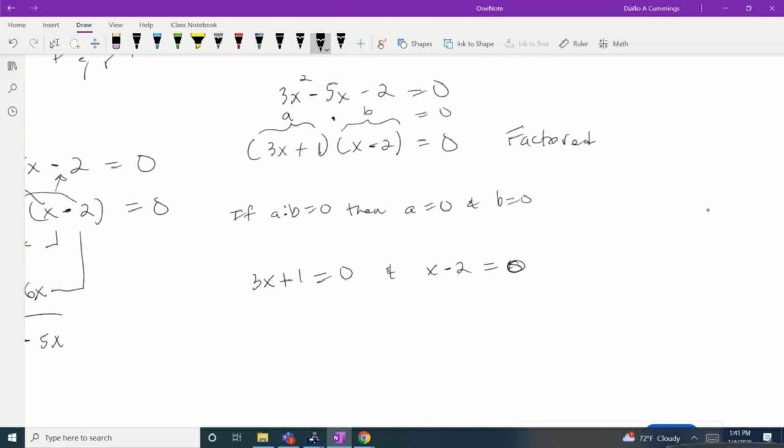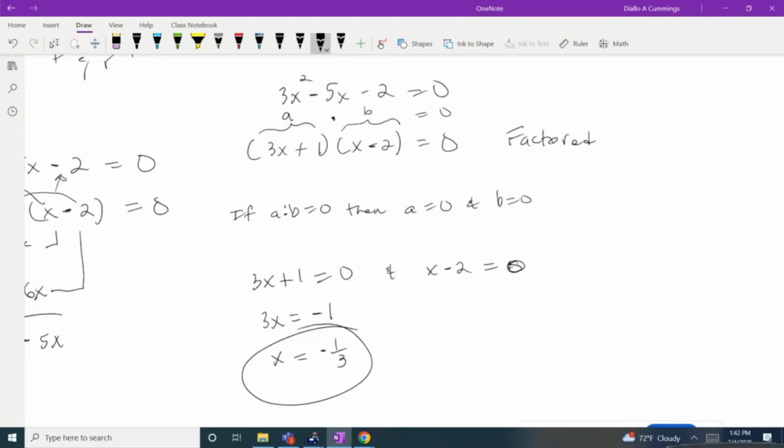So in order to solve 3x plus 1 equal to 0, the first thing I'm going to do is transpose 1 to the other side. When I move positive 1 across the equal sign, it becomes negative 1. Next, I want to isolate for x, not 3x. So the opposite of multiplying x by 3 is to divide by 3.